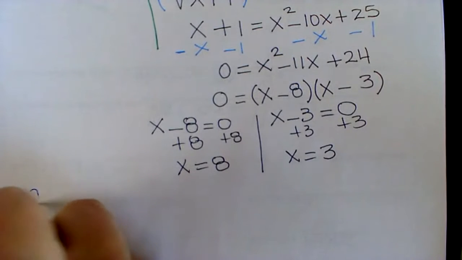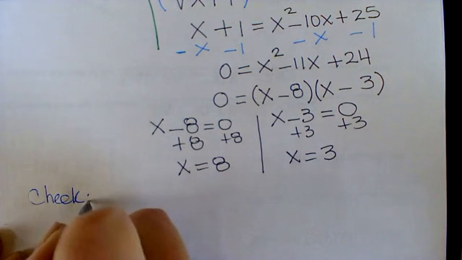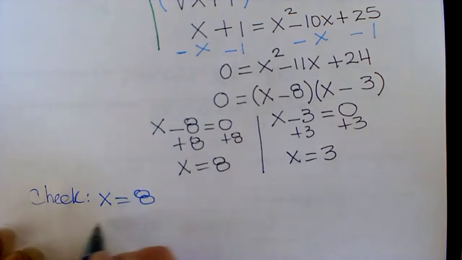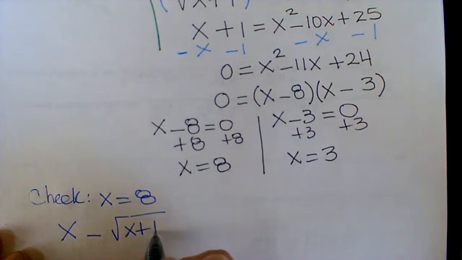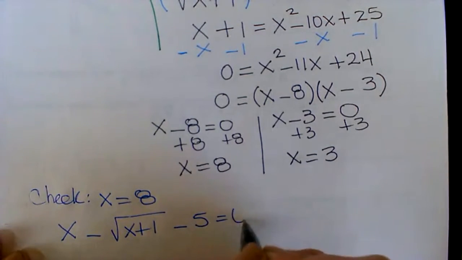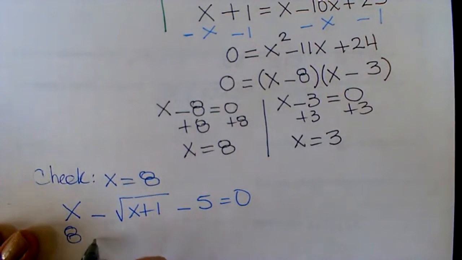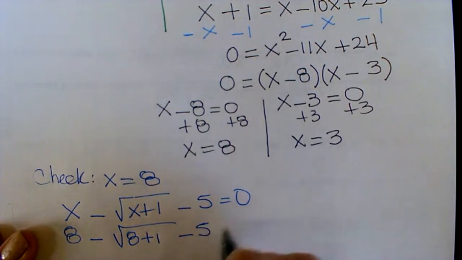So we're going to check, when x is equal to 8 and the formula is x minus, let's do that. So this is going to be 8. This is going to be 8 plus 1.